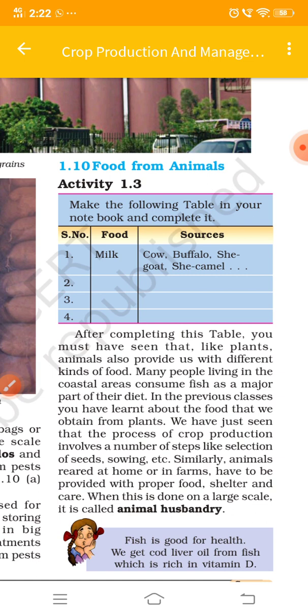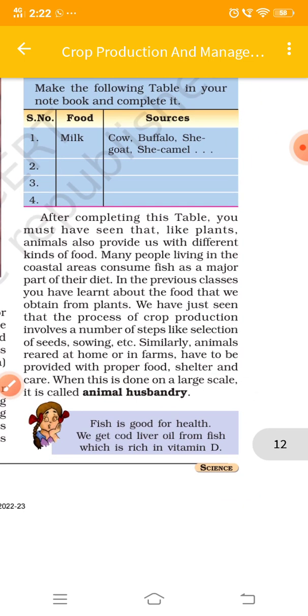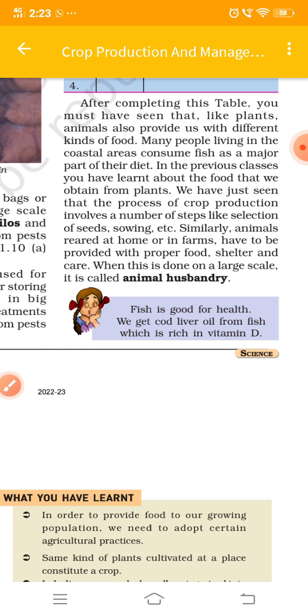Otherwise, if any animal is weak, then the food or the produced item from that animal will not be good for our health. Rearing of animals on a large scale is known as animal husbandry. We know this.